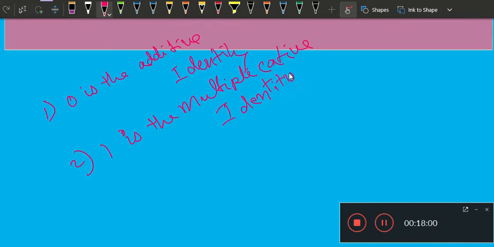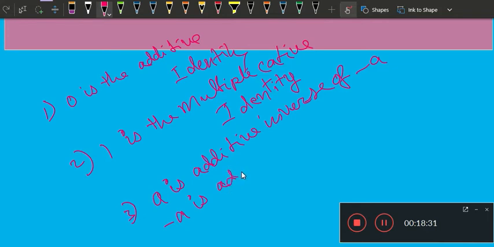Okay, students. Another thing is: a is generally the additive inverse of minus a, and minus a is the additive inverse of plus a.